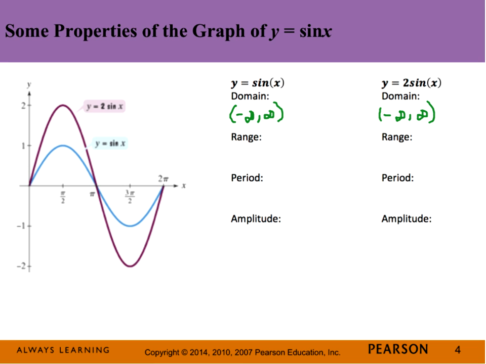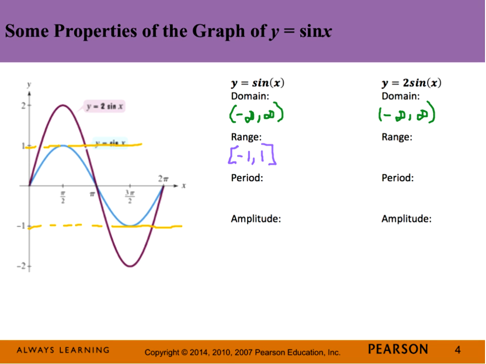The range, let me get a lighter colored pen here. So for the sine function, you can see I'm always going to stay between 1 and negative 1. So that's my range for the sine function, and it's inclusive. So negative 1 to 1, and that's why I'm using the brackets, because it's inclusive.